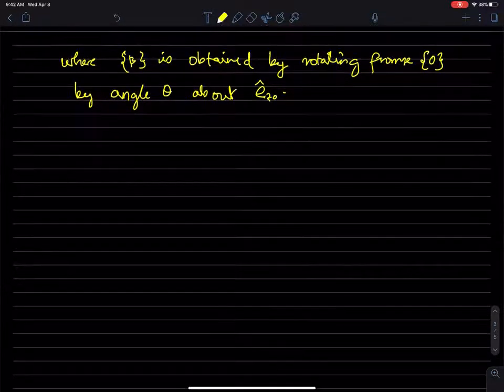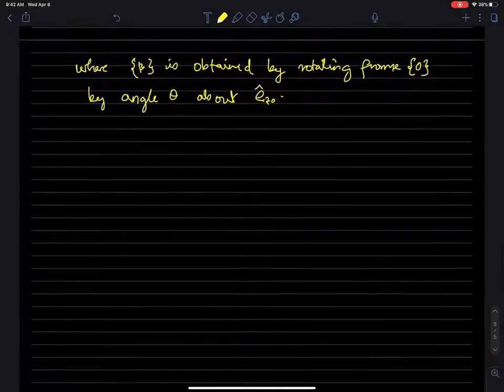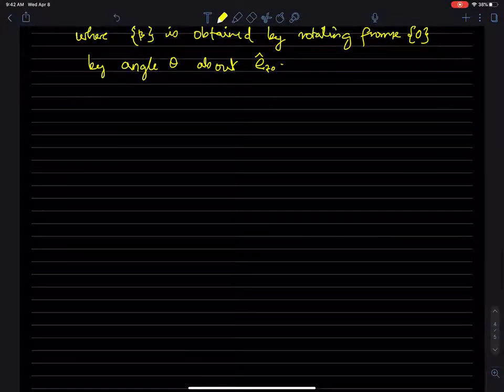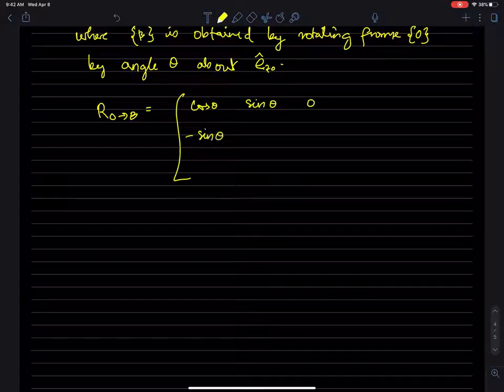Okay, so that's the claim. But we know already what that rotation matrix is. R0 to B is given by, from our earlier derivations, cosine theta, sine theta, 0; minus sine theta, cosine theta, 0; 0, 0, 1.